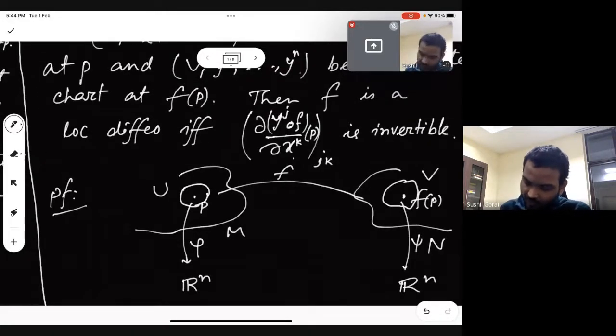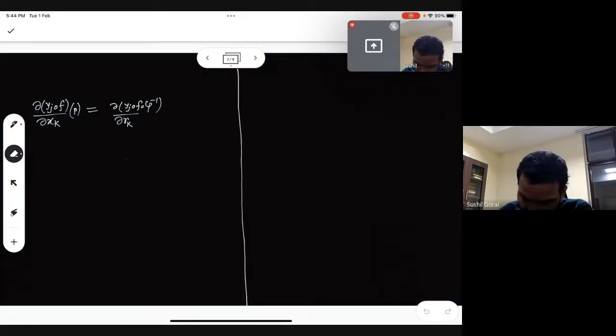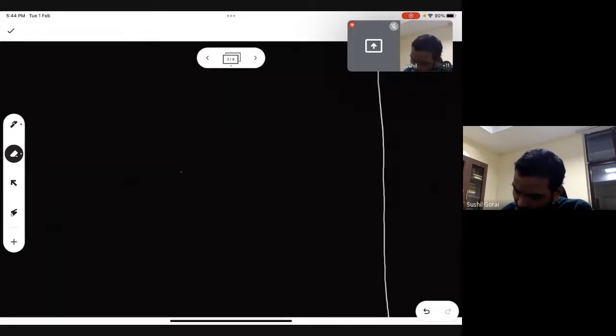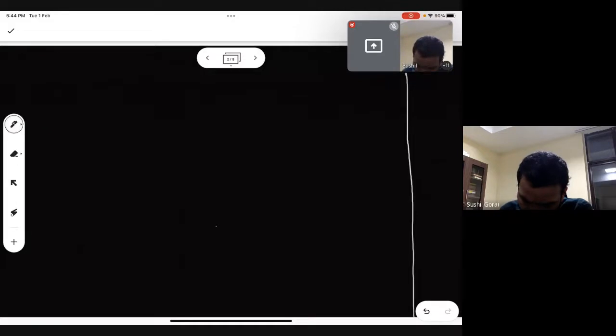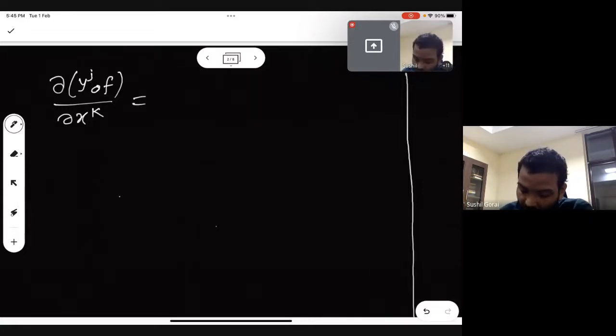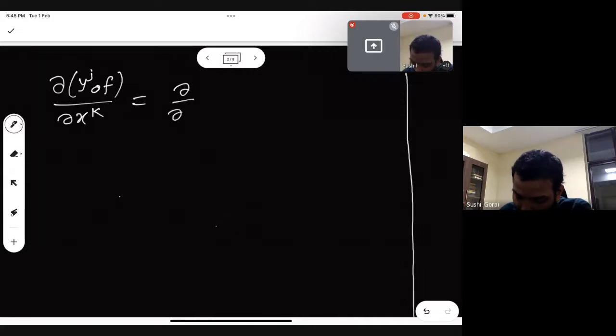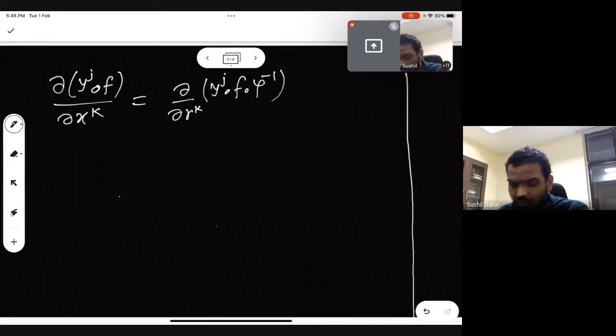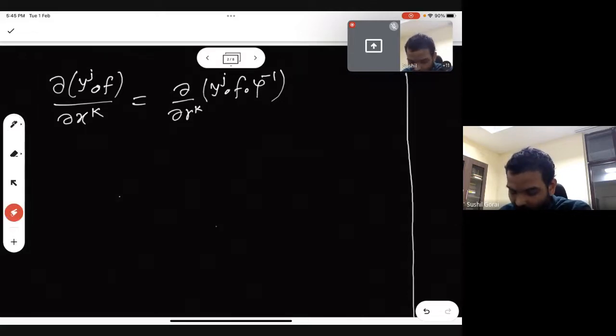All right, let's get back. Now this one, ∂(yj∘f)/∂xk, by definition is ∂/∂rk of (yj∘f∘phi inverse). The coordinates r1, r2, ..., rn: was the notation subscript or superscript?